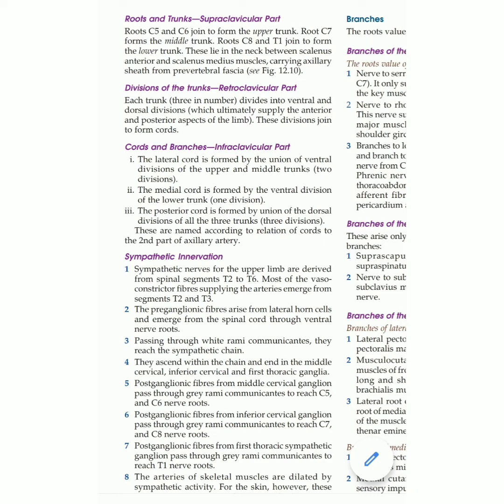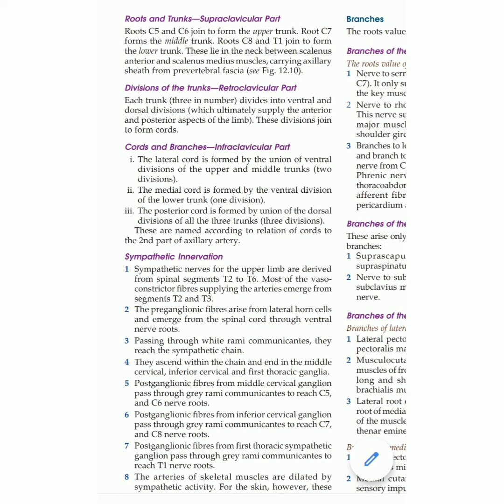Sympathetic innervation. 1. Sympathetic nerves for the upper limb are derived from spinal segments T2 to T6. 2. Most of the vasoconstrictor fibers supplying the arteries emerge from segments T2 and T3.